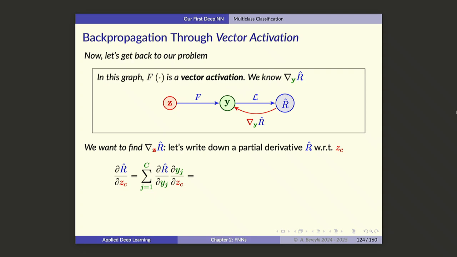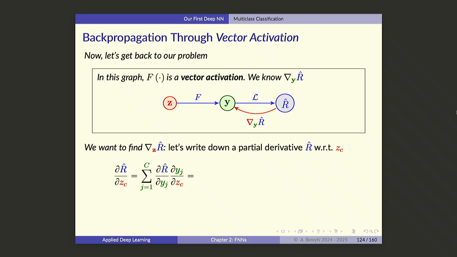This is the vectorized chain rule. So I'm going to keep doing it till I end up with the last one, which is the partial derivative of r hat with respect to yc times the partial derivative of yc with respect to z1. And this whole summation is going to be my first partial derivative, right?